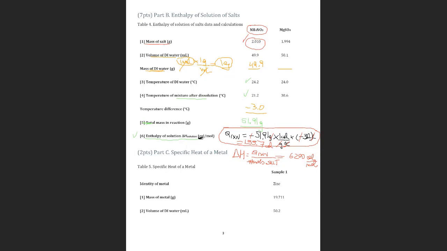And then the last part is the specific heat that you have to complete. It will tell you which metal you have. And let me see, what do you have to complete? Here, they are asking you, let me see here.